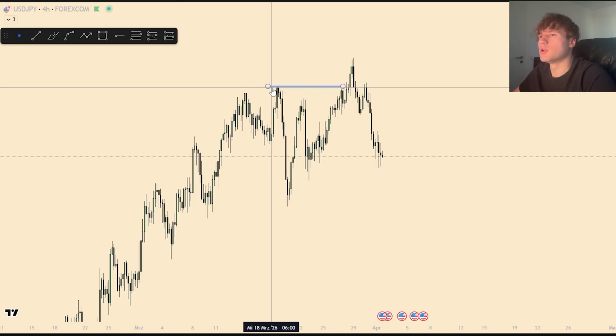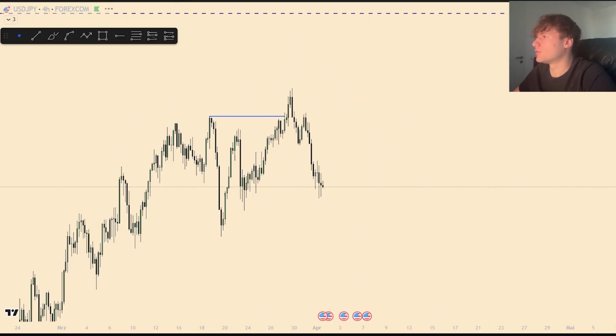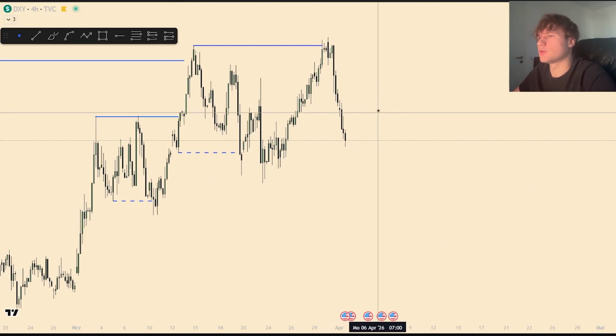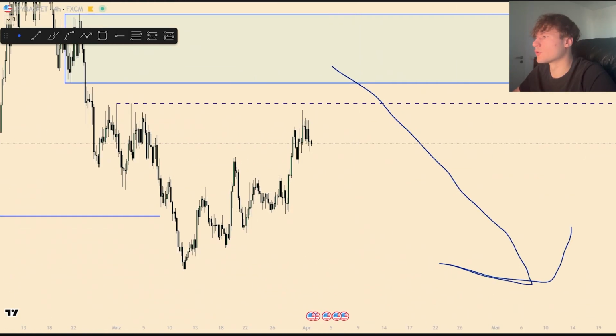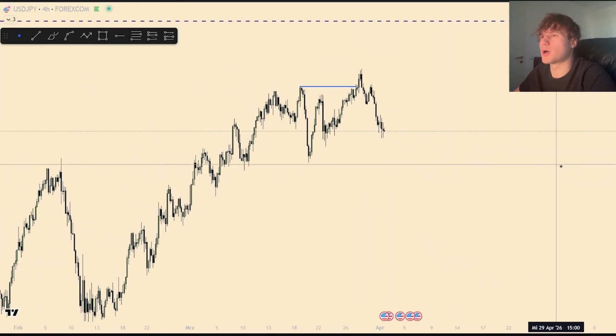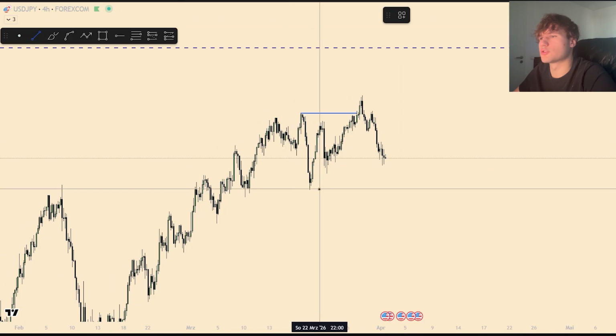But yeah, if the dollar index and the JPY have the development that they need, like we get here a change of character and the JPY reaches this higher time frame demand zone, I'm happy to look for a buy still, as long as also the market structure is respected.